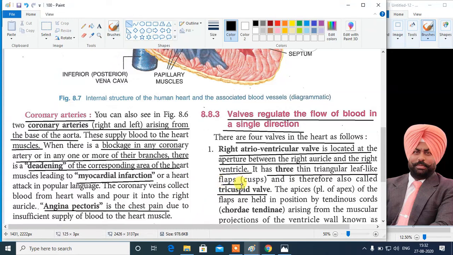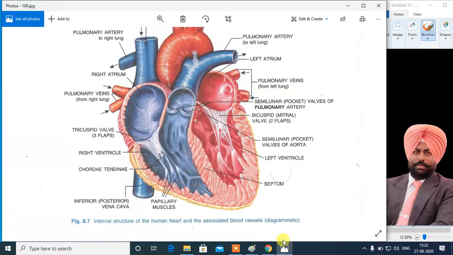Let's understand with the help of the image. Here you can see with the help of the yellow cursor, this is the right atria and this is the right ventricle. And here is the valve which maintains the direction of the blood in one direction.